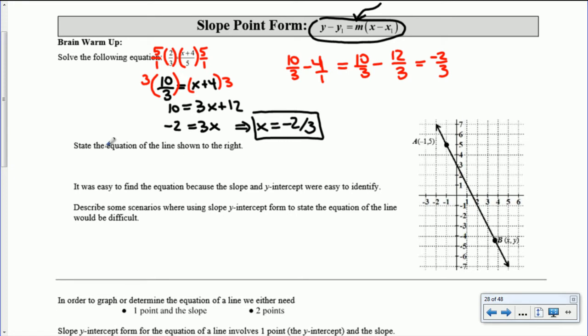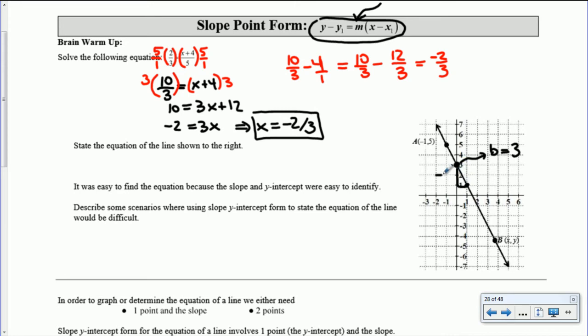So moving on, state the equation of the line shown here. I can get the y-intercept, so b is 3, and I obviously need the slope. It looks like it goes through there, so to get from here to there I need to drop 2.